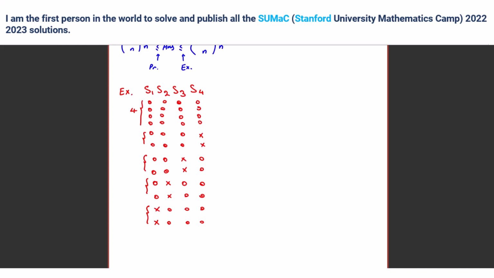How many elements in S1 is 2? It's already divisible by 2, so 0.